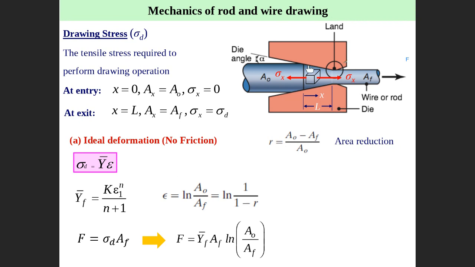This is the ideal case: no friction and no redundant deformation, homogeneous deformation and no friction. I didn't consider friction here, nor any inhomogeneous deformation. In this case, this is the sigma, this is the force. This equation is very simple, right?